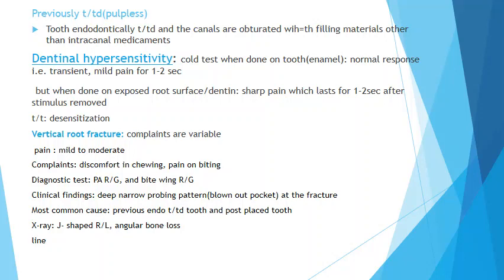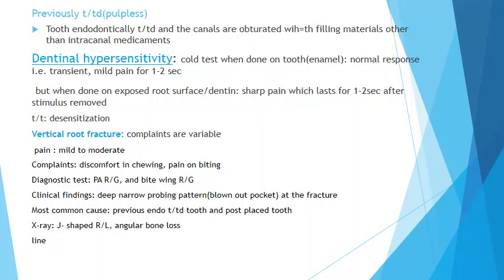And the X-ray shows J-shaped radiolucency or angular bone loss. This is very important for diagnosing a vertical root fracture. So let's go over it again. Pain will be mild to moderate. The patient will complain of discomfort in chewing or pain on biting. The X-rays will show J-shaped radiolucency or angular bone loss.